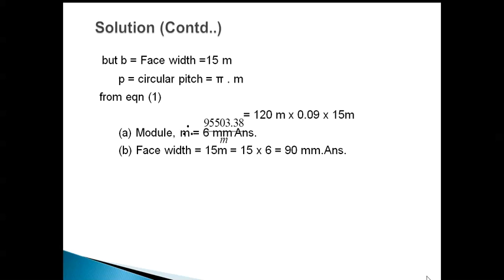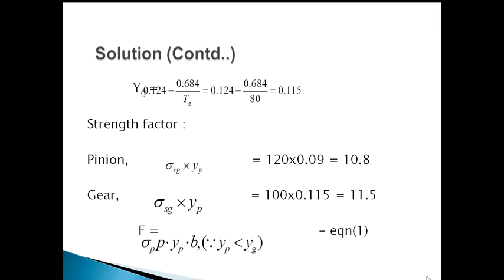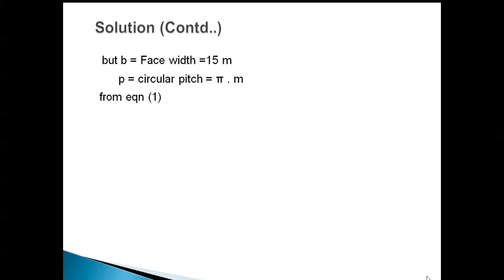So from the equation, F is known as 95,503.38 by m equal to sigma p is 120 into m into Yp is 0.09 into 15 m.